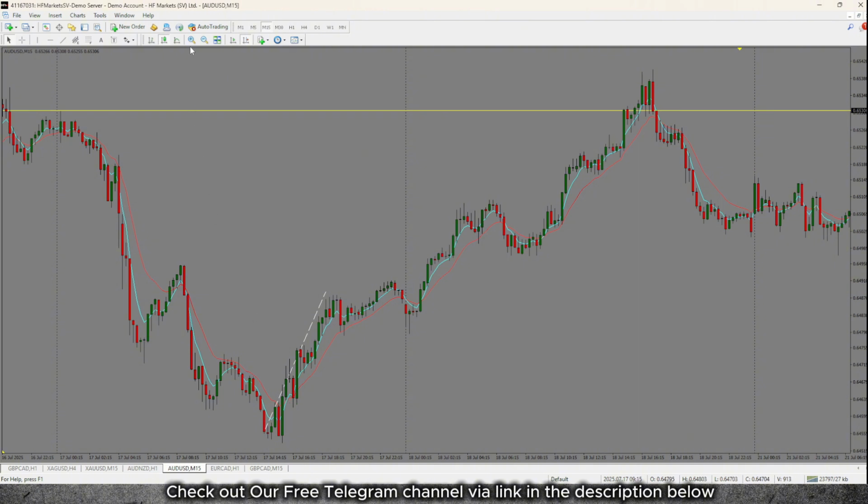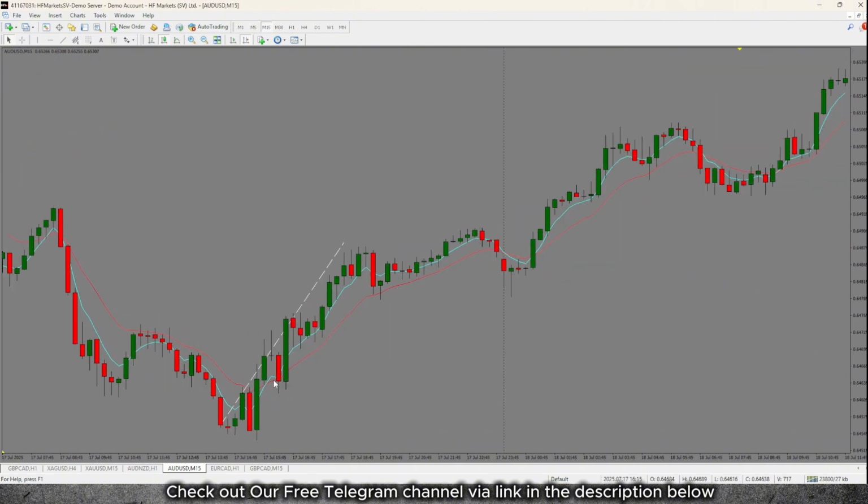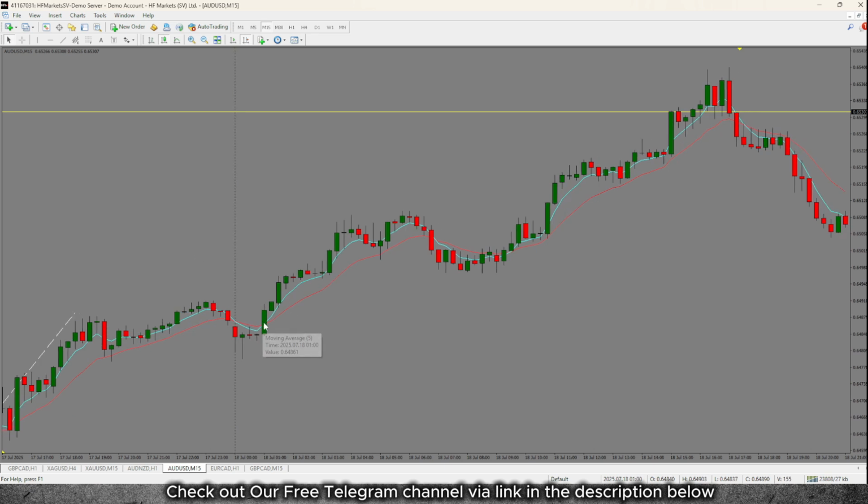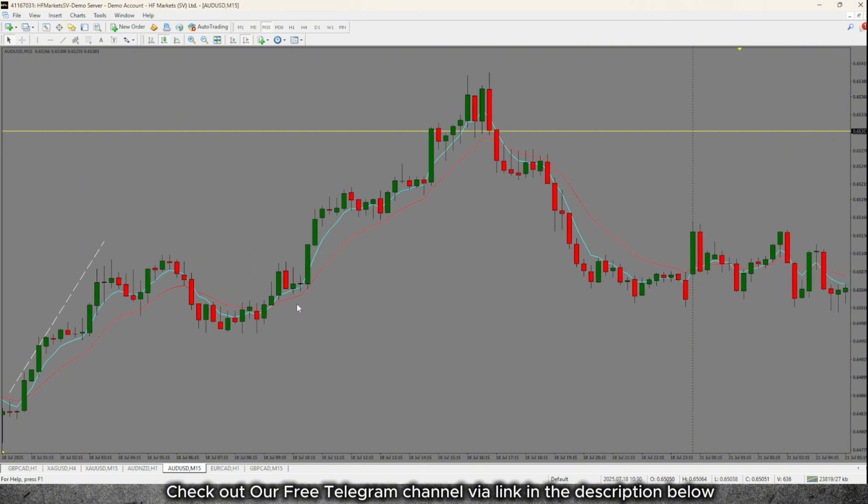We can see there is a crossover here. If this happens, we say this is a valid impulse to the upside. Then here we can see another crossover of the 5 and 13 to the upside, meaning this was a valid impulse. Then we can see another crossover of the 5 and 13, meaning this was a valid impulse.